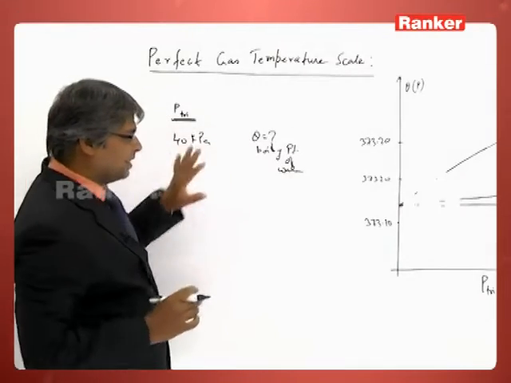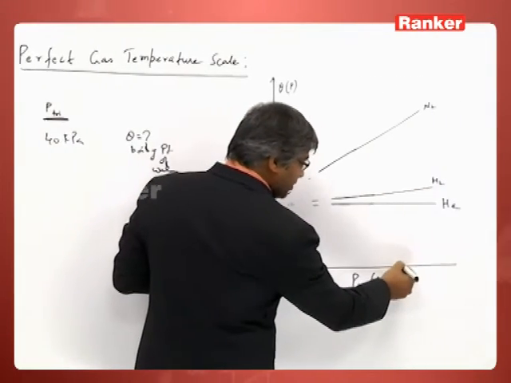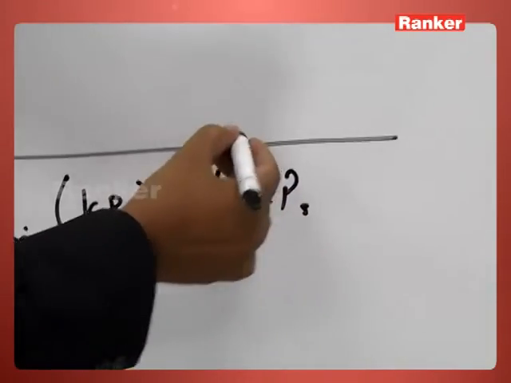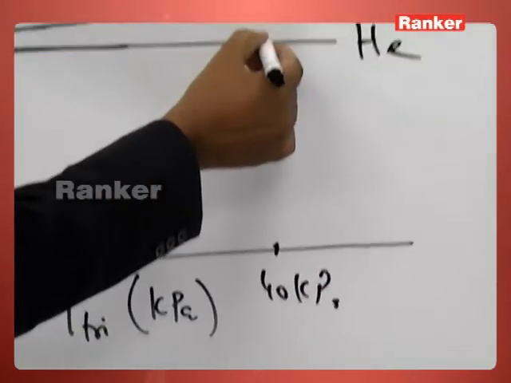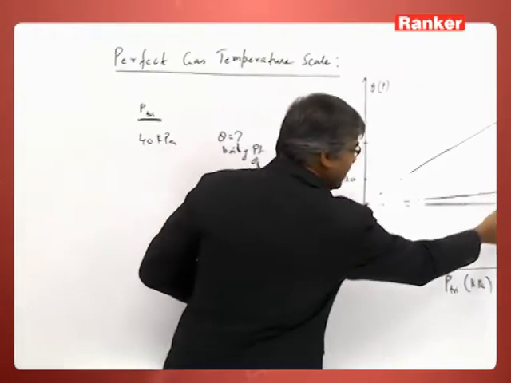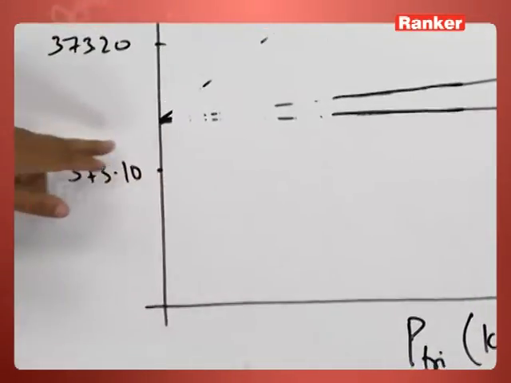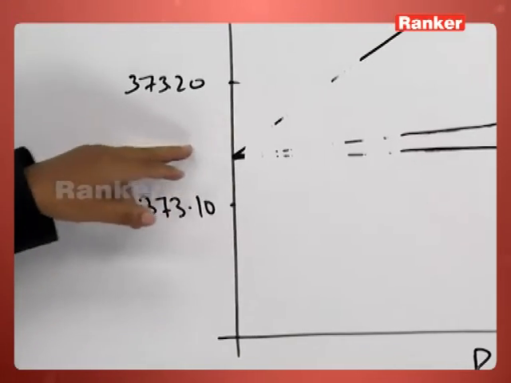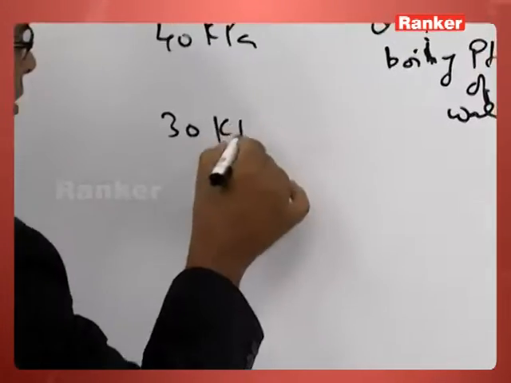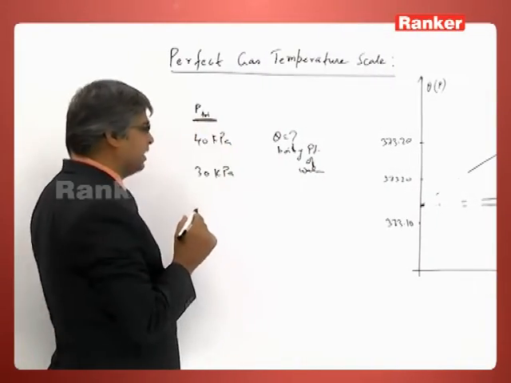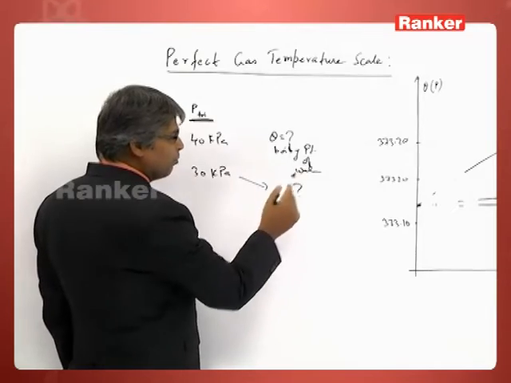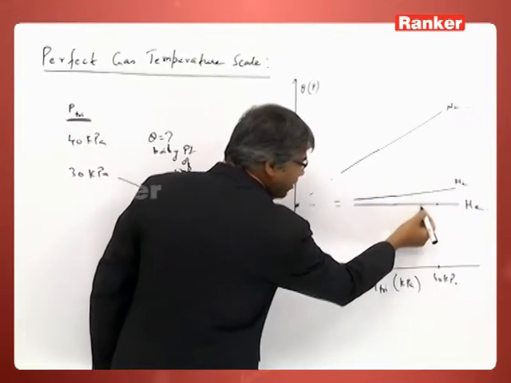Now suppose this experiment is carried out, and here I have 40 kilopascal. First I will do this experiment with helium, and I have taken one reading here. I got the value for water to be something like 373.15. Next I will reduce the pressure at the triple point to 30 kilopascal, and again I will measure the boiling point of water and get a value.